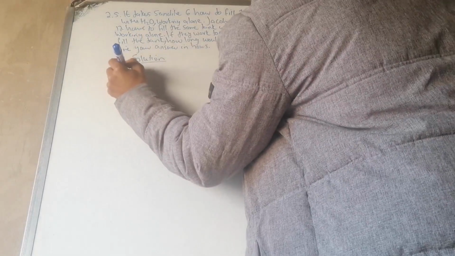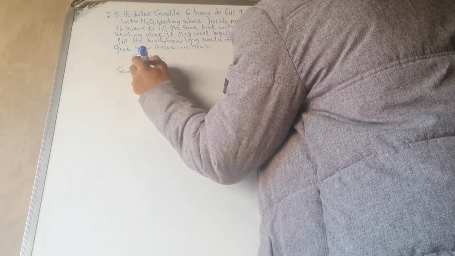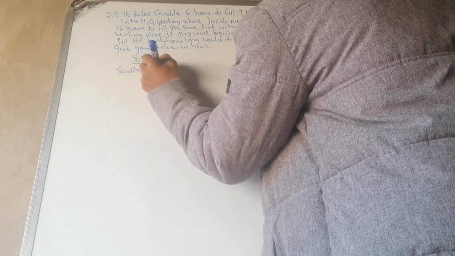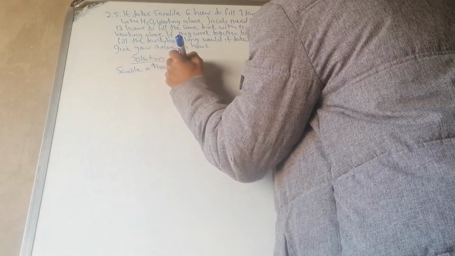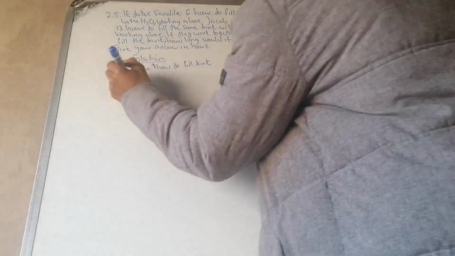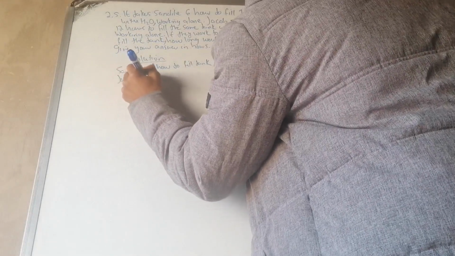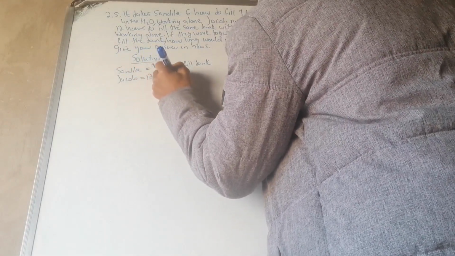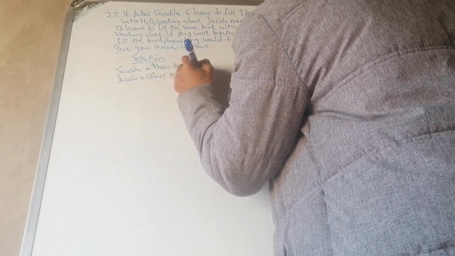So Rotori Sandile takes 6 hours to fill a tank. Right. Working alone. Jacob needs 12 hours to fill the same tank. So Rotori Jacob requires 12 hours to fill that same tank.